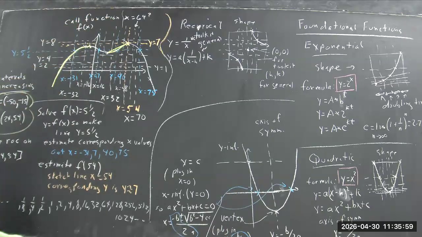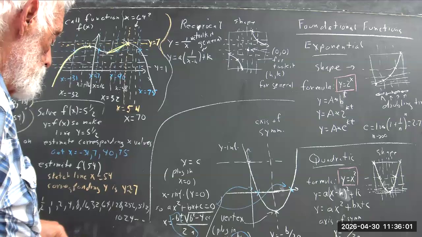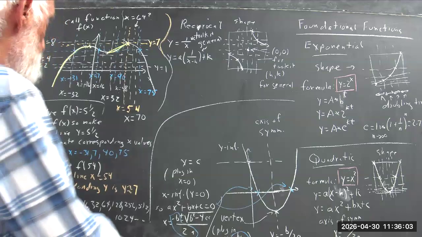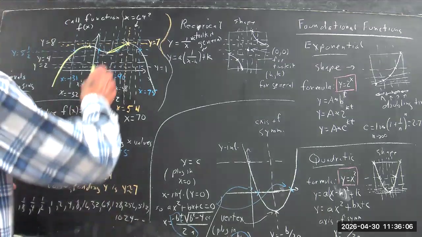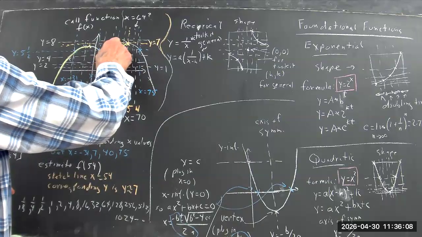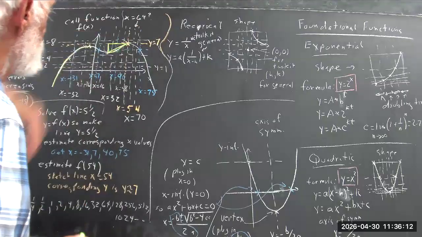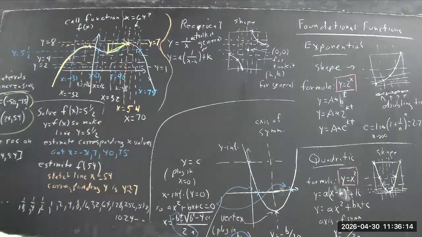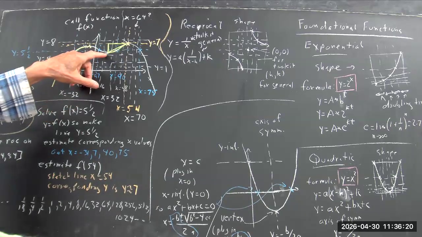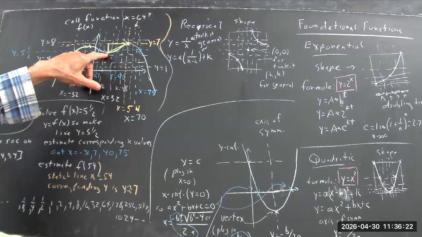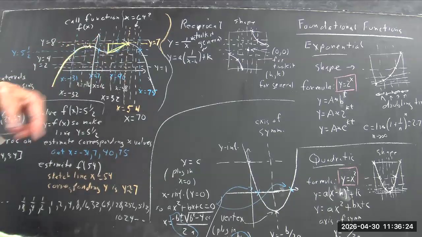Here's a straight line, and that's the hypotenuse of your fundamental triangle, which has a rise here and a run here. Then you want to estimate the rise. Okay, well, y is a little bigger than 4 here. It's about 7 here.